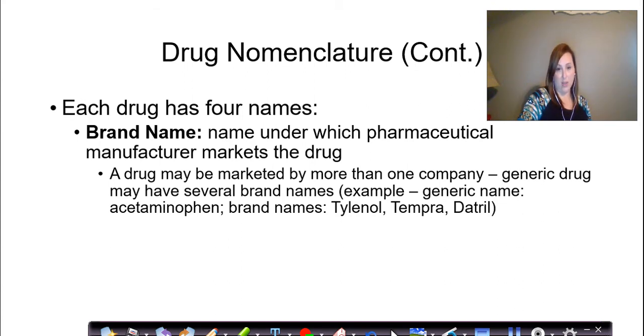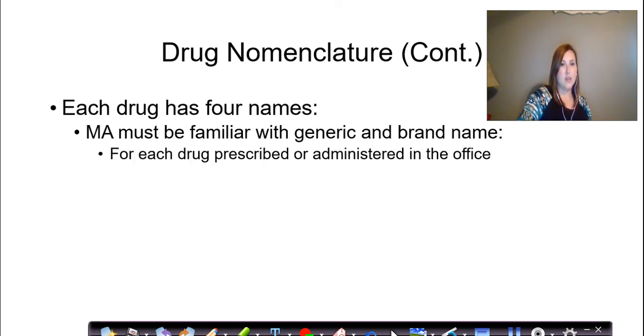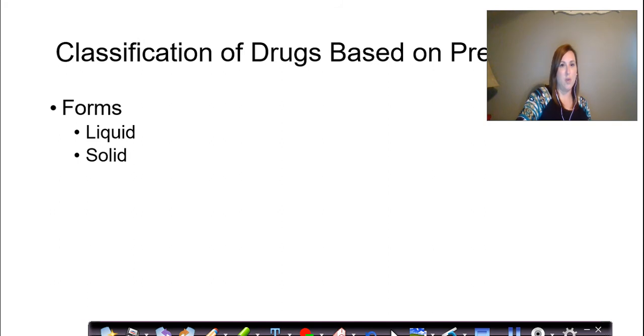Brand name would be Advil, generic name would be ibuprofen. Brand name would be Amoxil, generic name would be penicillin, that's an antibiotic. And then Bayer would be the brand name, aspirin would be the generic. Again, be familiar with the generic and the brand name. Those are most prescribed and what you're going to hear more.